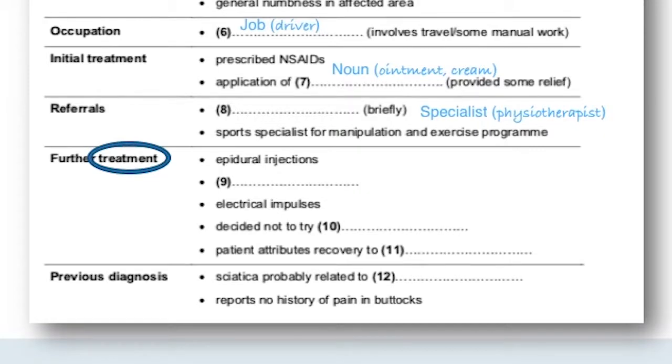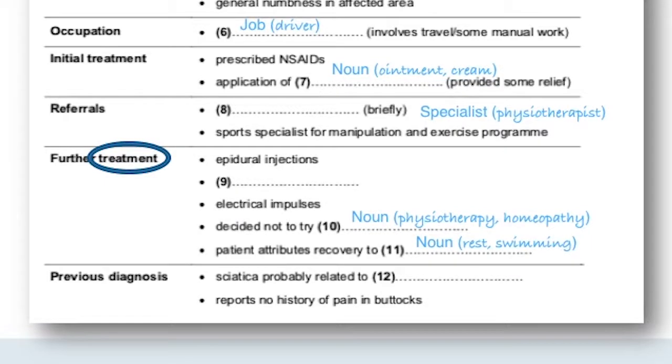Number 9, there's nothing before or after the gap, so it's quite tough. But remember, it's going to be a type of treatment. And then number 10 and 11, both of these are nouns. You can see from the grammar. And again, it's hard to predict, but you can at least anticipate what kind of answer might come.